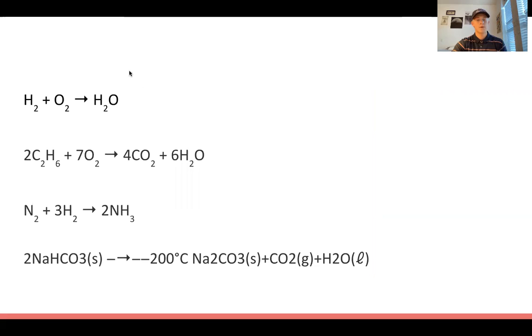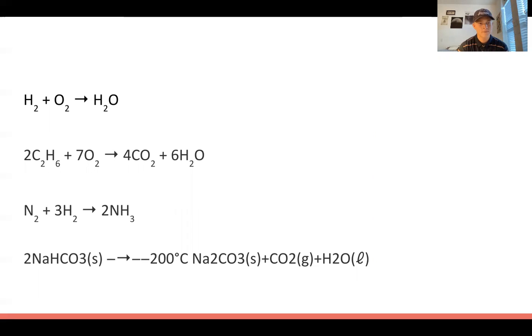Okay. So first off, I put 4 different things on the screen, and these are representations of something that we're going to be talking a lot about today. If you look at them, they all have a similar pattern. They have some things on the left of an arrow, some things to the right of an arrow.